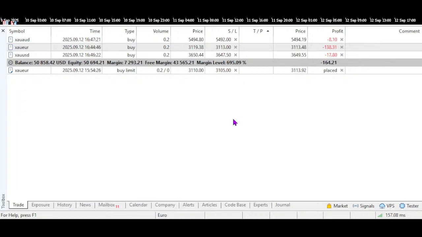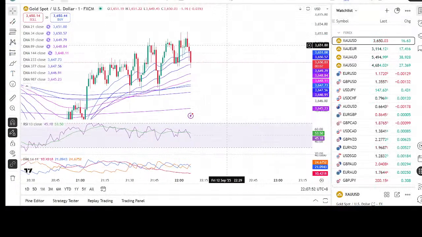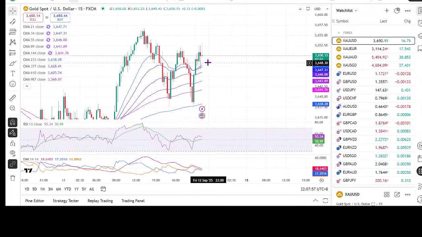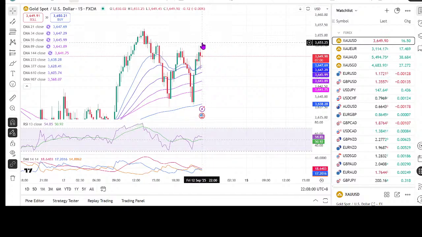Then we have to wait for a re-entry. Let's see. We are seeing the market not moving according to our expectation, and it is struggling to break the high.